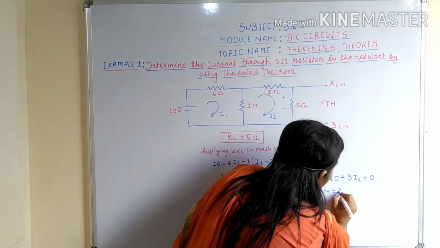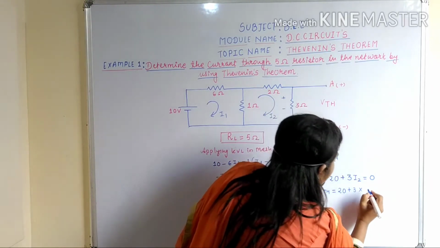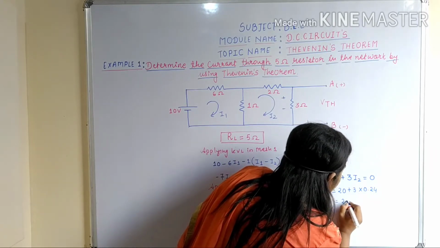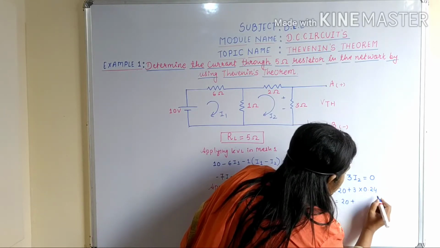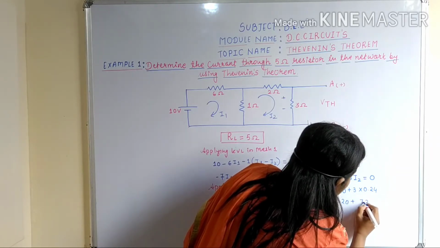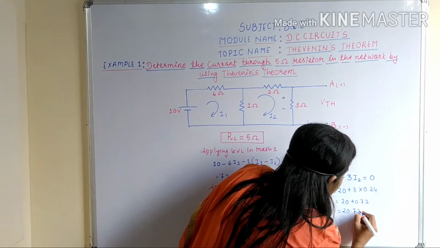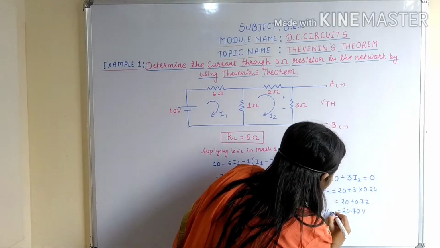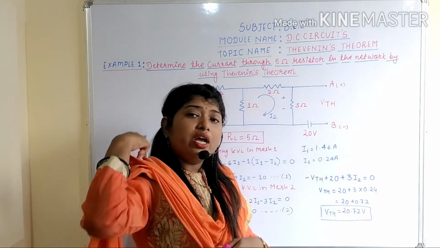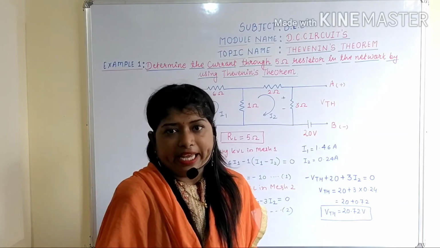VTH is equal to 20 plus 3 into I2, which is 20 plus 0.72. The answer is 20.72 volt is your VTH. I hope you have understood how to find out the VTH equation by simply applying KVL.